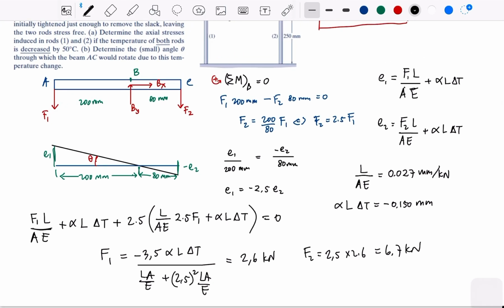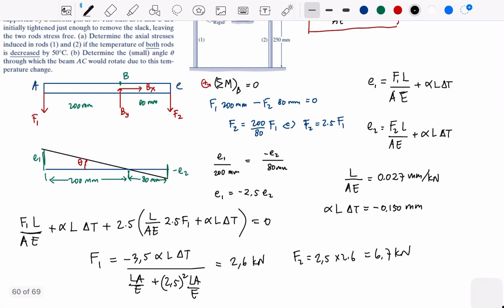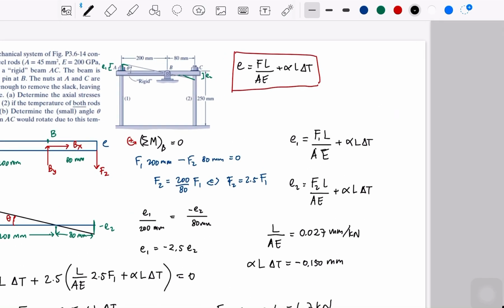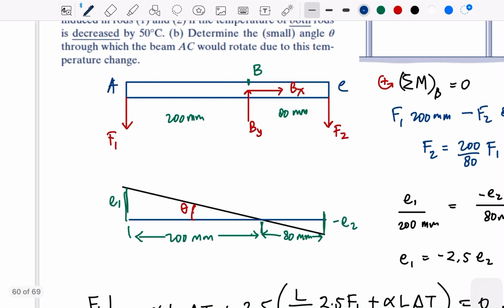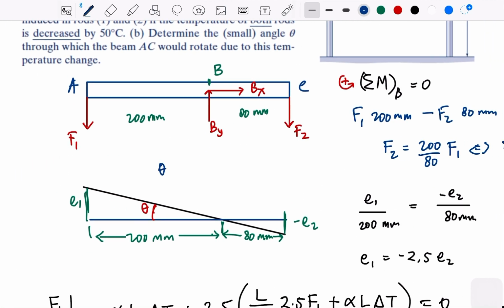And then you can get the stresses. Let me write here. Stresses is from F1 over A and then F2 over A. I think you can get easily. And then for the angle here, we can get the angle theta: tangent theta is equal to E1 over 200 millimeter.